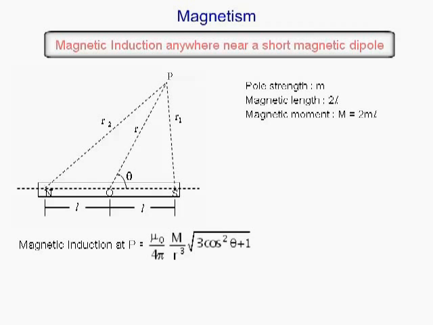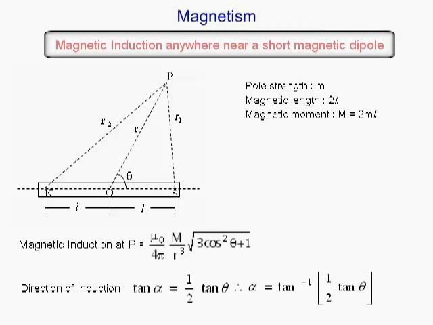This formula gives the magnitude of the induction at point P. The direction of the magnetic induction at point P with respect to the line OP is given as tan alpha is equal to half tan theta, or alpha is equal to tan inverse of half tan theta.